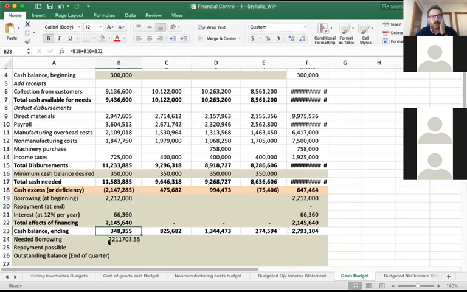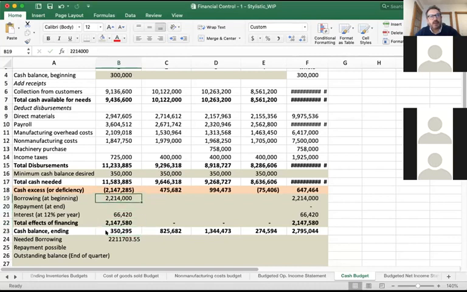Now we have this amount, and we can see that it's not enough for the cash balance because we need 450. So it means that now we just have to go for an iterative formula to see if it's enough. It's not enough yet. Yes, now it's enough.